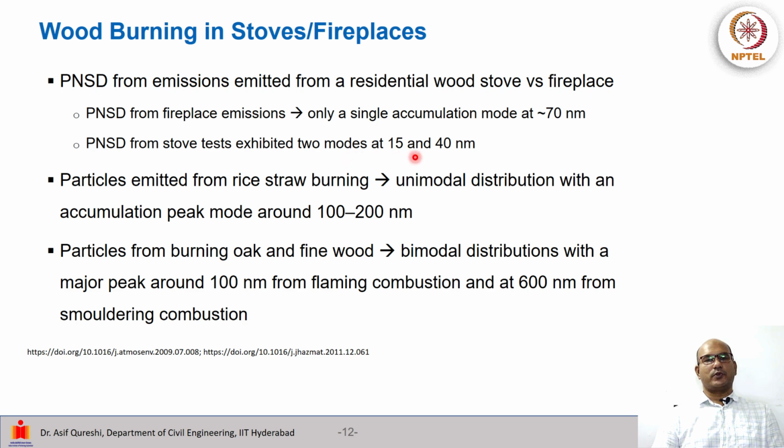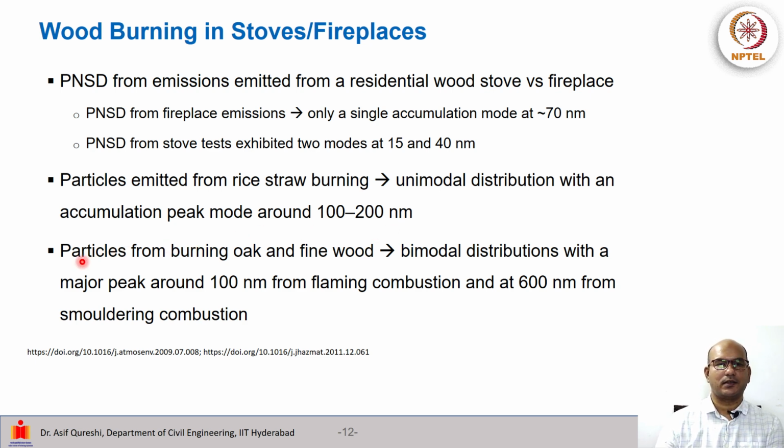stove two modes. Then when particle emissions were studied from rice straw burning, there was a unimodal distribution with the accumulation peak mode around 0.1 to 0.2 micron or 100 to 200 nanometer.